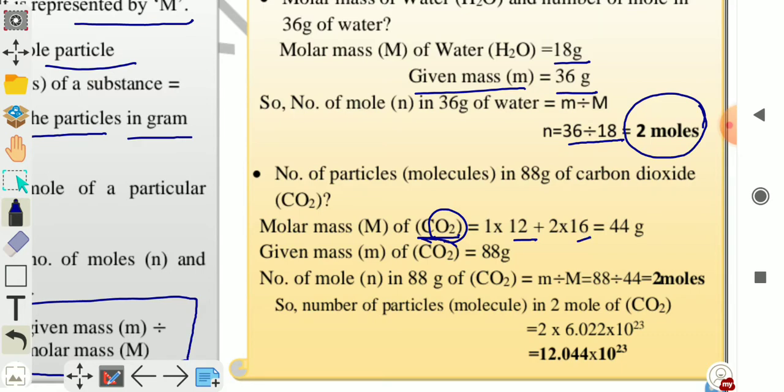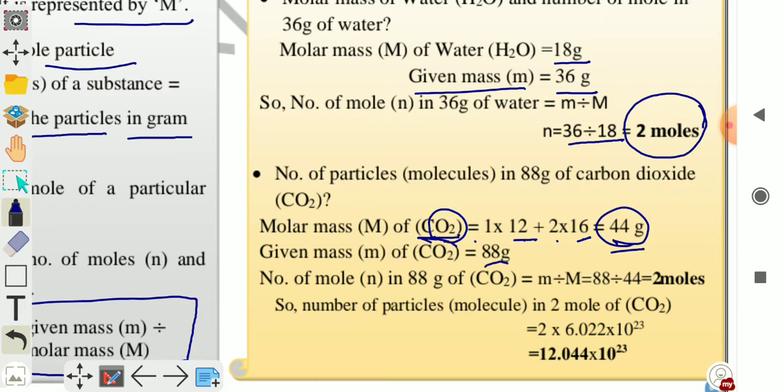We have taken 2 atoms of oxygen, so 16 will be multiplied by 2 and 12 will be multiplied by 1, we get 44 gram. So the molar mass of carbon dioxide will be 44 gram and the given mass is 88 gram.